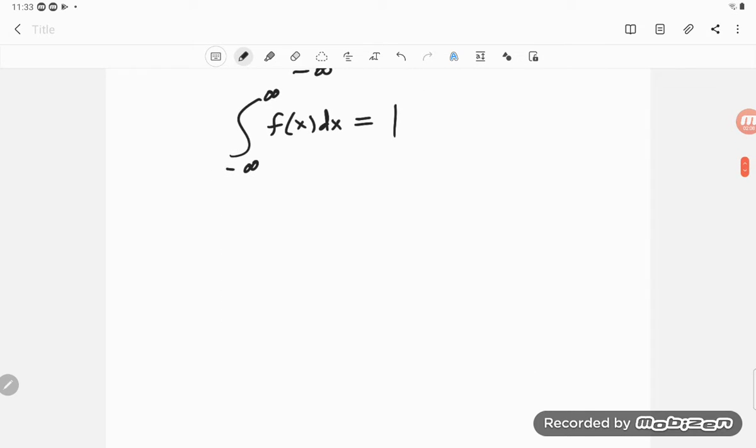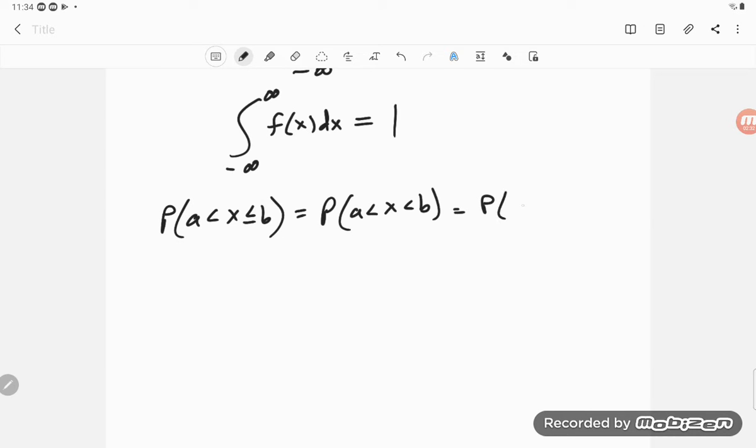And so from that, similar to before, if we say I want the probability that A is less than X is less than or equal to B. Well, now we'll see, because of the way we're defining this, that I could have made that A less than X is less than B, or A less than or equal to X is less than B, or A less than or equal to X is less than or equal to B. They're all the same in the continuous case.